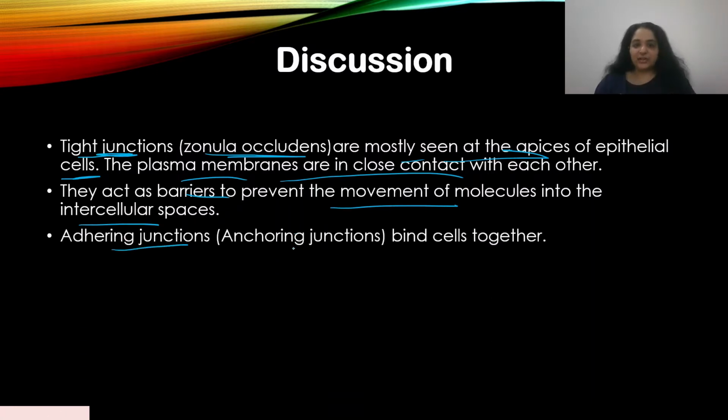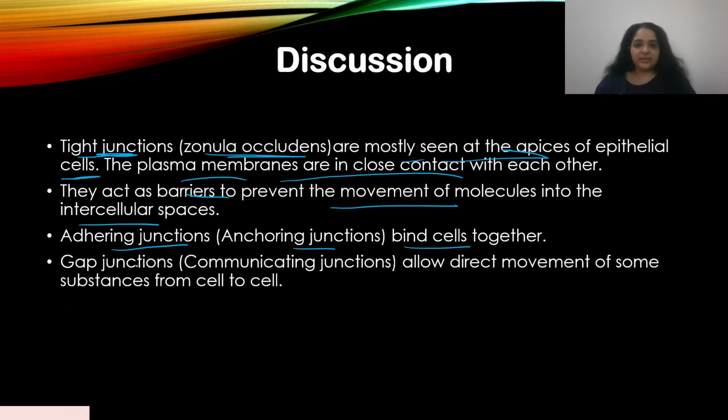Adhering junctions or anchoring junctions bind cells together. Okay, they bind cells together. Now, gap junctions or communicating junctions allow direct movement of some substances from cell to cell. I mean that cytoplasm is connected. We'll come to gap junction a little later in this lecture, where I've explained gap junctions in a little bit of detail.